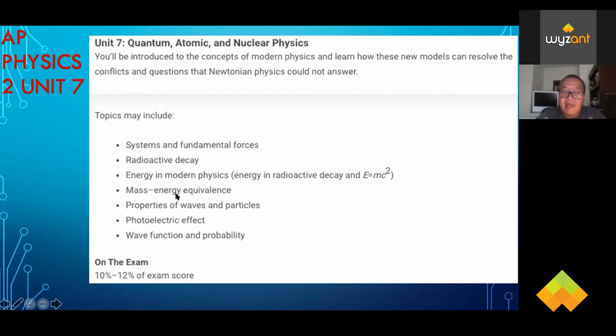Then mass and energy equivalence, properties of waves and particles, photoelectric effect, wave function, and probability. This part of knowledge covers about 10 to 12% of exam score. Okay, so this is the total contents in the AP Physics 2 test.